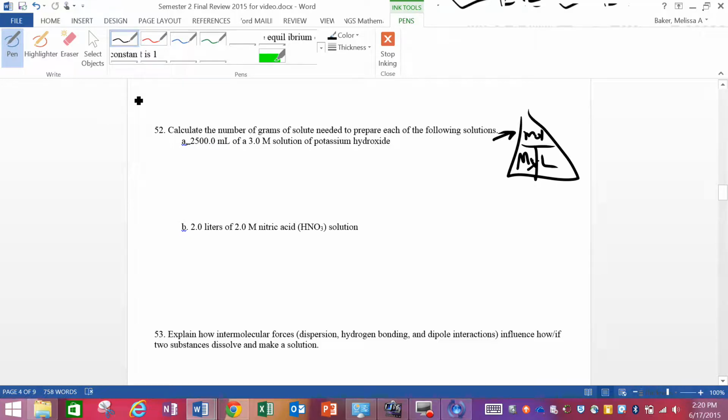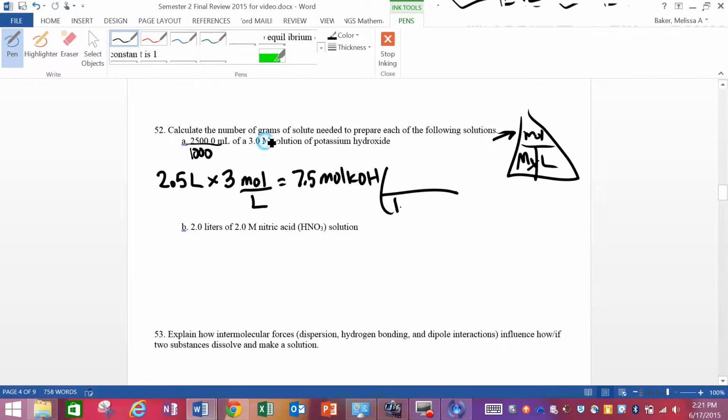So let's do that. If I divide 2,500 milliliters by 1,000, I get 2.5 liters times 3 moles per liter. That's the concentration I want to make. That means I'm going to need 7.5 moles of KOH to make my solution. Well, I can easily calculate how much 1 mole of KOH weighs.